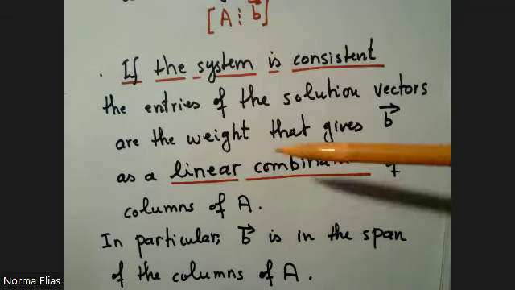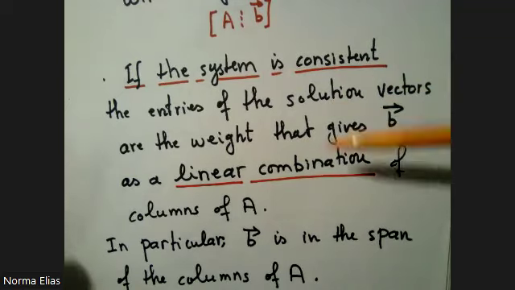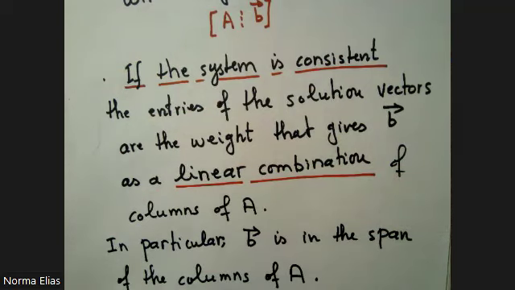So it means that the vector B is actually in the span of the columns of A. The difficulty here is to be able to see this piece. It's not always clear for the student because it's weird that we have two definitions for the product.